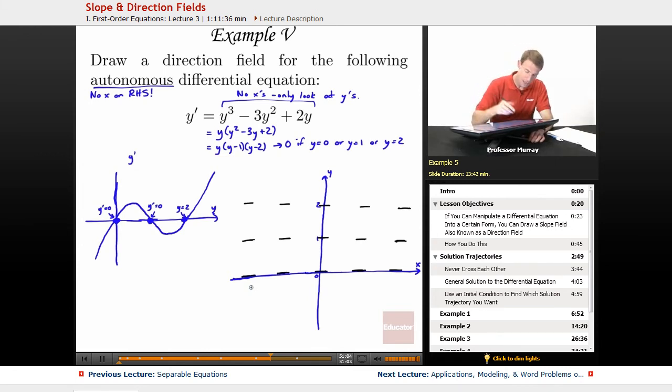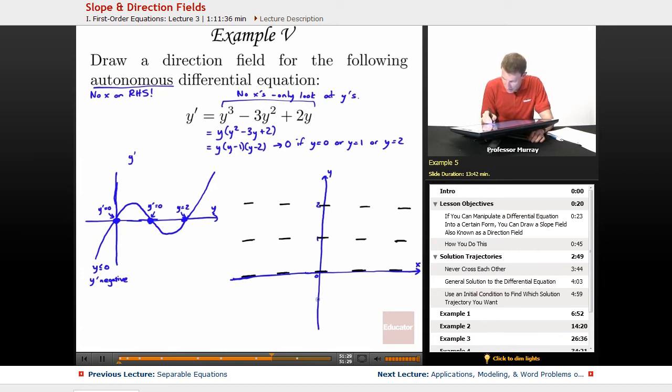So if I look down here where y is less than or equal to 0, I see that y prime is negative. Which means that whenever y over here on the right is less than or equal to 0, I'm going to see some negative slopes.